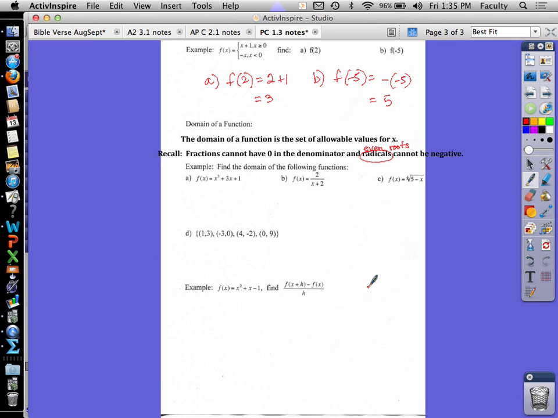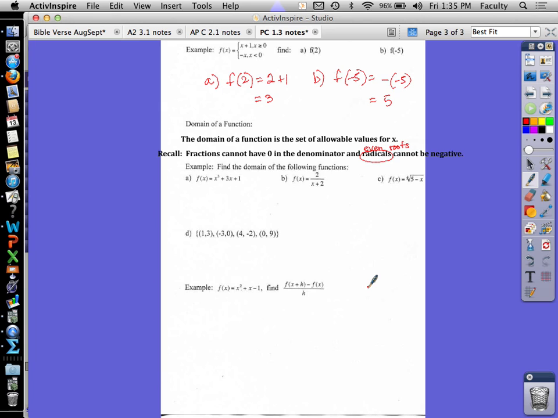All right, let's look at letter A together. That's a polynomial. So Lydia, what do you think the domain would be? What are the allowable values you can plug in for x? You didn't do that one. Adam, did you get it?